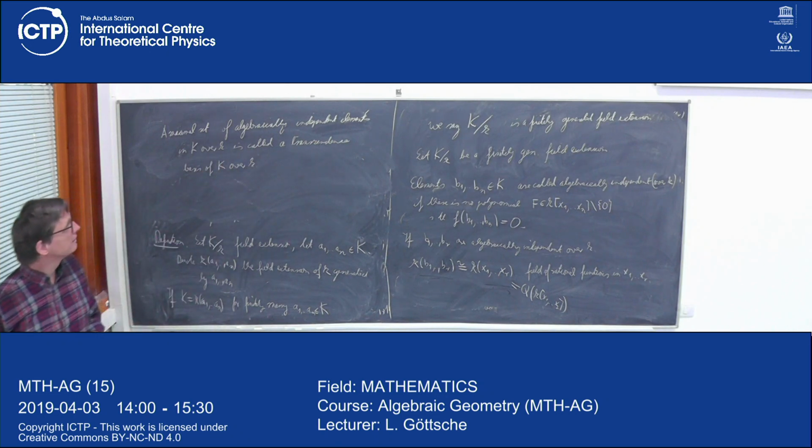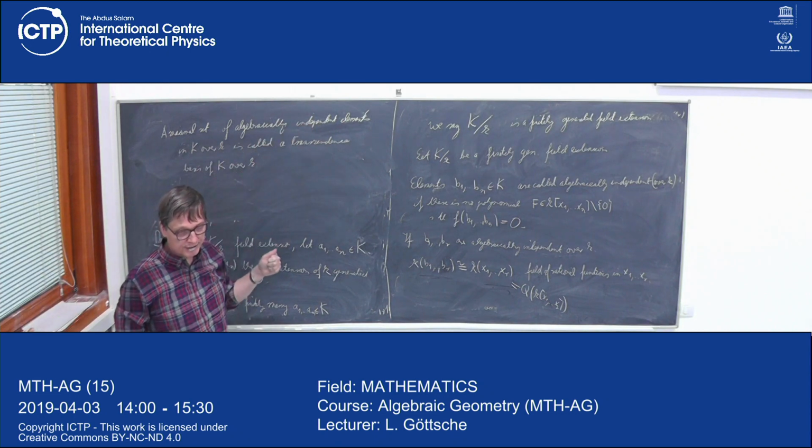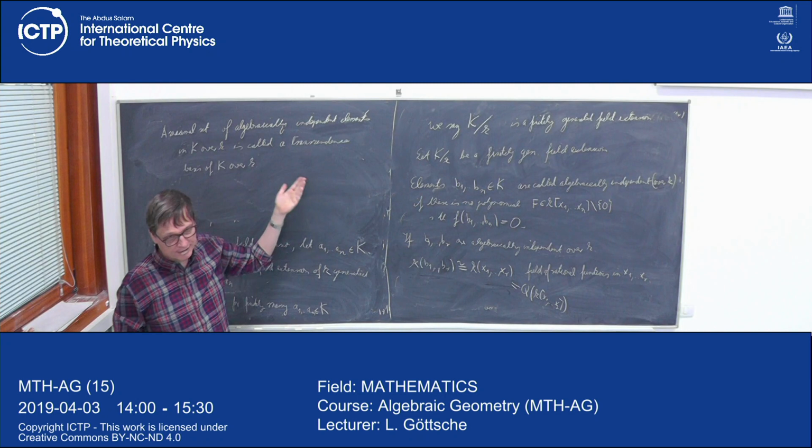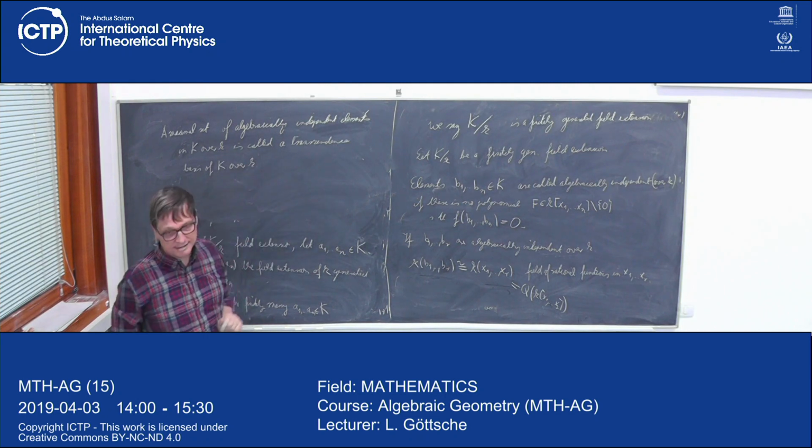So this means if I have any set of algebraically independent elements to which I cannot add another element without making it algebraically dependent, then this is called a transcendence basis.